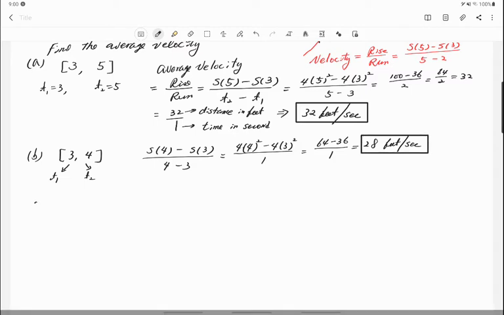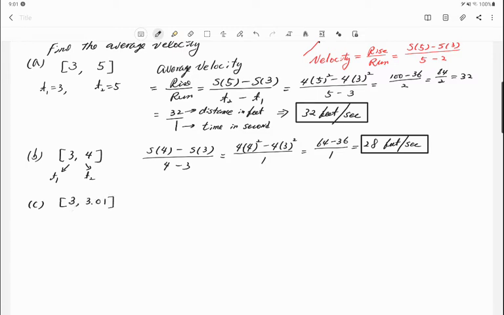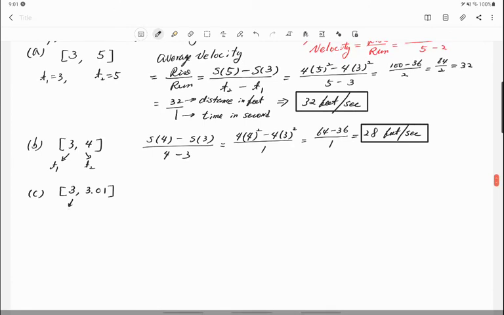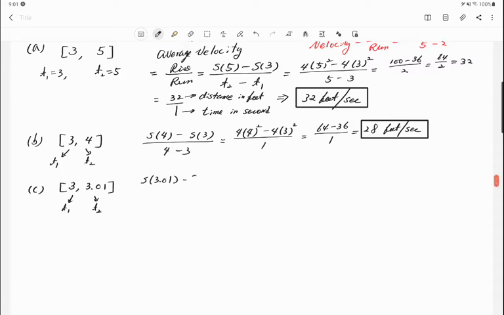Okay, let's try more. How about the average speed between 3 seconds and 3.01 seconds? Now the end time is very close to the starting time, right? So T1, T2, let's try what happens. S of 3.01 minus S of 3 over 3.01 minus 3.